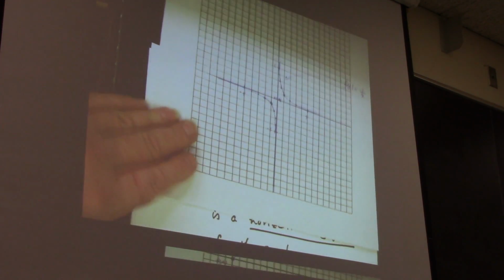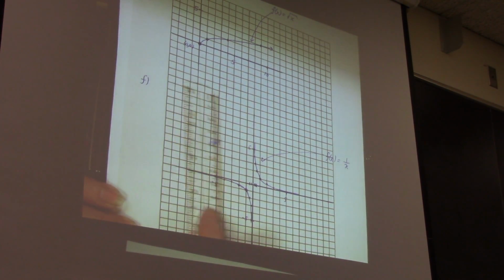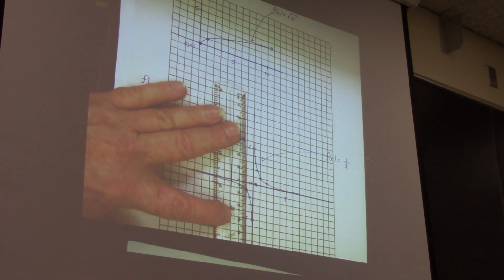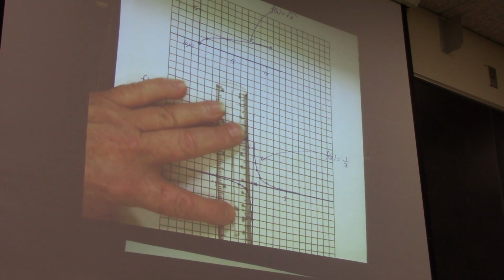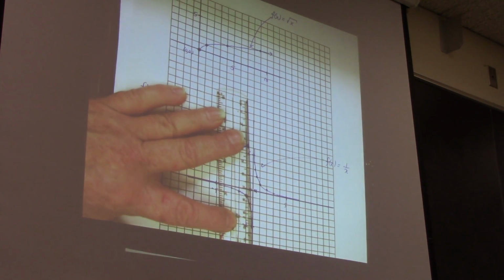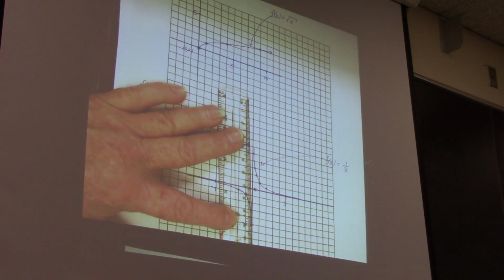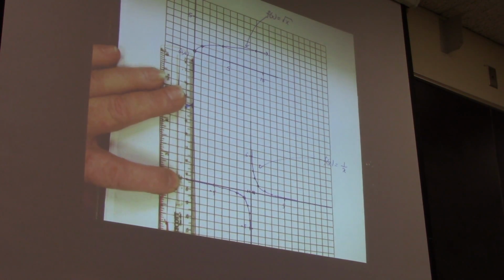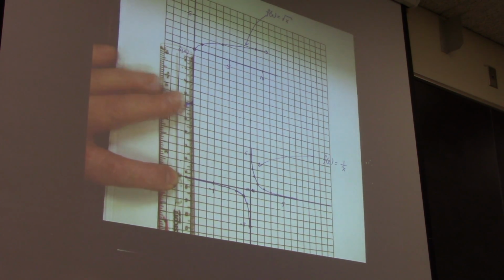But I want you to also see that from the graph. If you're reading along the x-axis, all of these x's are in the domain. -1 is in the domain, -1/2 is in the domain, -1/10 is in the domain, -1/100th is in the domain, but 0 is not in the domain. At x equals 0, there is no point on the graph. That's why we have a vertical asymptote at x equals 0.